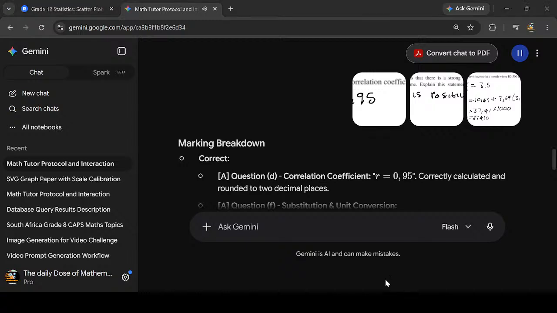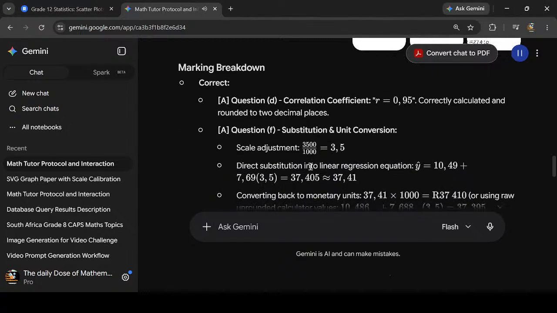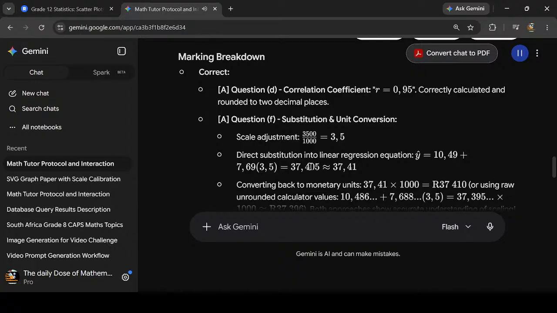Correlation coefficient R equals 0,95, correctly calculated and rounded to 2 decimal places. Substitution and unit conversion: scale adjustment, 3,500 over 1,000 equals 3,5. Direct substitution into the linear regression equation: y hat equals 10,49 plus 7,69 times 3,5 equals 37,405, approximately 37,41.